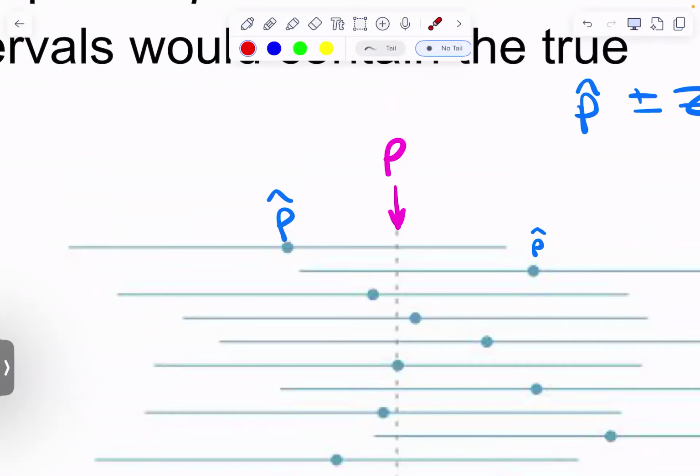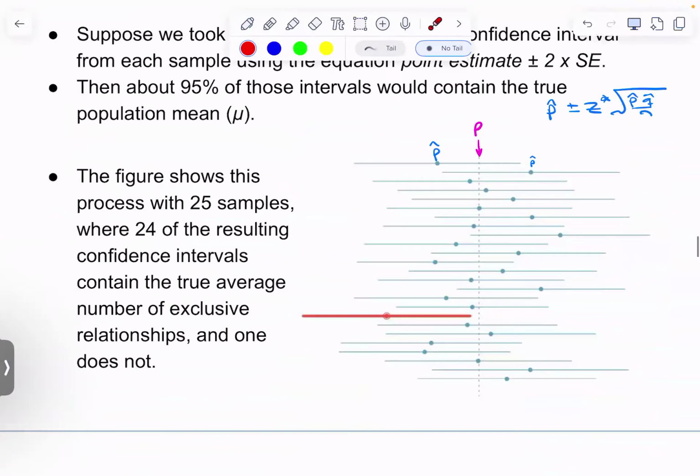But the reason you want to say 95% confident is because you don't know if your p hat is one of these baddies, even with proper sampling and things like that, just because of variability in the population. And so, yes, 95% of them capture the population proportion, but 5% don't, and you don't know which one is yours.